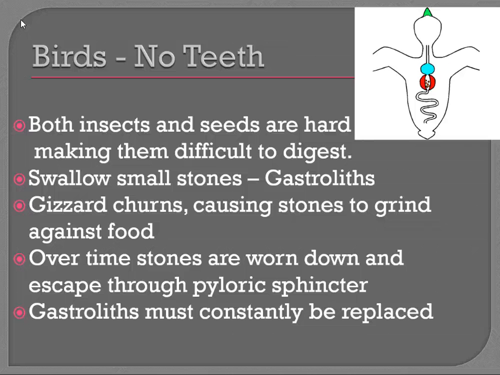And as the gizzard churns, much like the stomach would churn, it's going to cause the stones to grind the food. So it's basically like a bird mill, if you will. And they're like millstones. Over time, these stones, as they're grinding against the food and each other, are going to get worn down and get small, and the bird will actually pass the stones. And so they're constantly picking up new little rocks, as they're losing rocks, gastroliths.